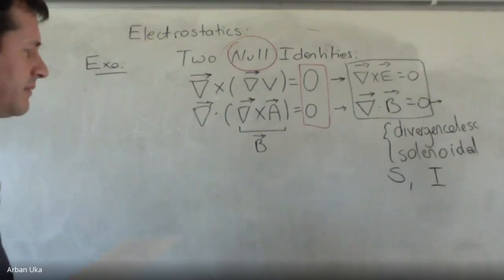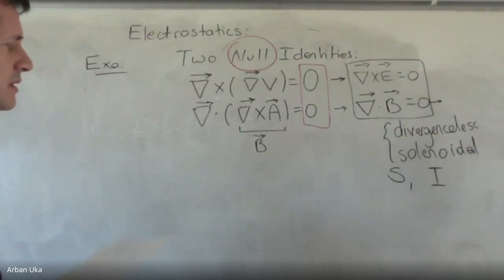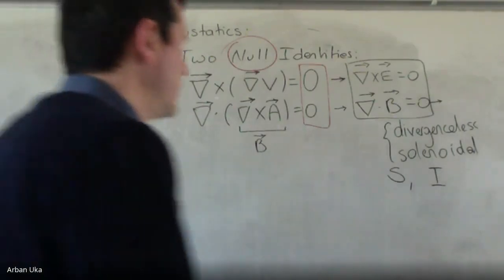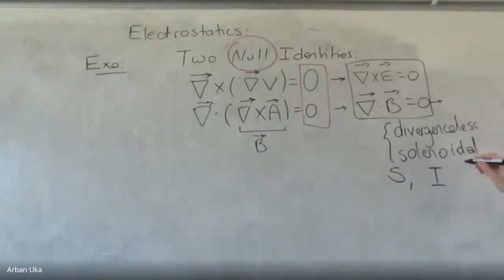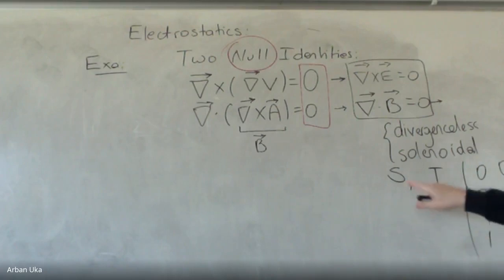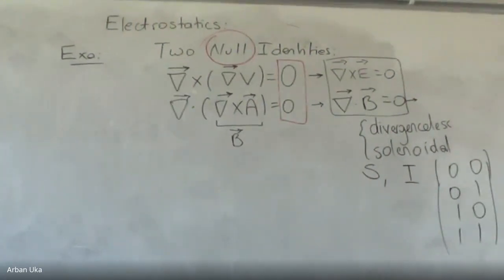So a field can be solenoidal but not irrotational, or if we have these two conditions, we can have a field which is 0, 0, which means the field is not solenoidal and not irrotational. It can be 0, 1, 1, 0, or 1, 1. So for any field that can have these two properties, we could have these four possible combinations.